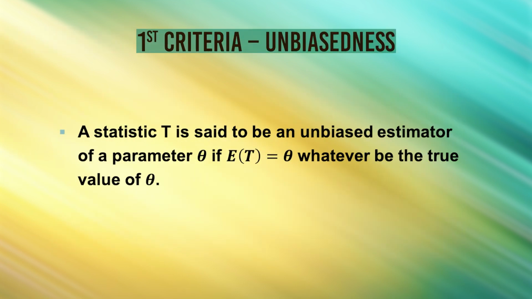The first criterion is unbiasedness. A statistic T is said to be an unbiased estimator of a parameter theta if the expectation of T is equal to theta, whatever be the true value of theta. Why is this criterion required? We have seen earlier that expectation is nothing but the arithmetic mean in the probability setup. So this criterion, expectation of T equal to theta, ensures that different values of T for different samples will be clustered around theta.